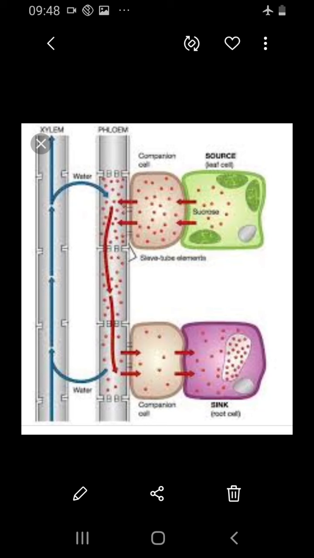Then sucrose is moved into the companion cells and then into the living phloem sieve tube cells by active transport. This process produces hypertonic conditions in the phloem. So food is synthesized in the form of glucose and transported in the form of sucrose.